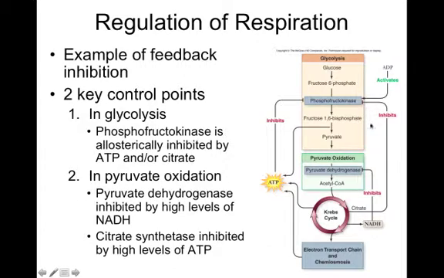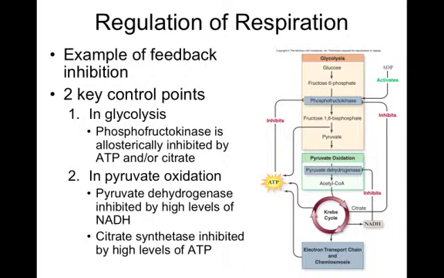And if there's a lot of ATP production, the ATP itself feeds back to shut down the action of phosphofructokinase so that the glycolysis reactions no longer proceed. Now, if there's a lot of ADP, ADP actually allosterically activates phosphofructokinase so that we can turn on the system of glycolysis in order to make ATP.